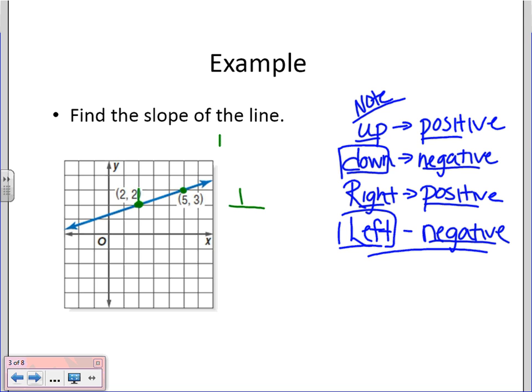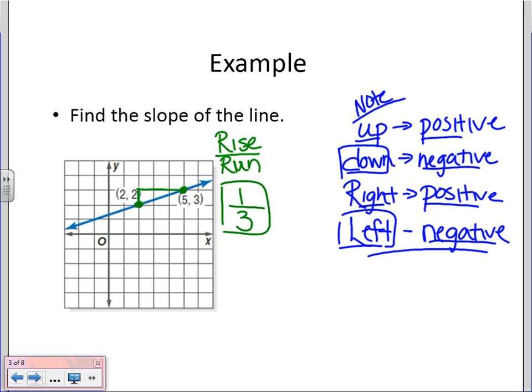Remember, it's rise over run. So from here, I rose 1, or I rise 1. And then to get to this point right here, I'm going to run to the right 1, 2, 3. So I run 3. So my slope of this line right here is 1/3.